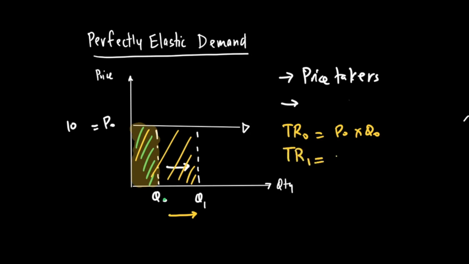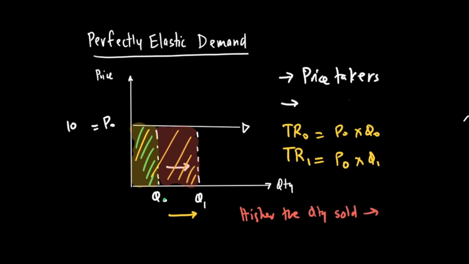Let's say TR1 will be P naught times Q1, which will be the yellow region plus the red region. So the higher the quantity sold, the higher will be the total revenue, because price is not in your control.